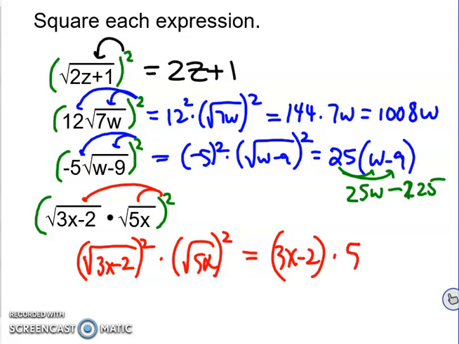In the second one, the answer is 5x. Like the previous problem, where we're taking 25 times both things in parentheses, we'll be doing the same thing in the last problem as well. So 3x times 5x, that's 15x squared. And -2 times 5x is -10x.